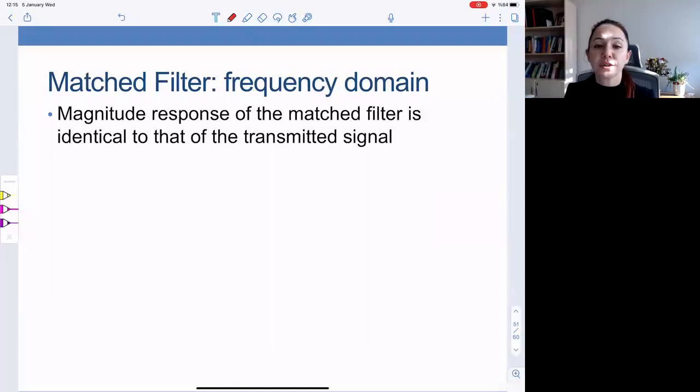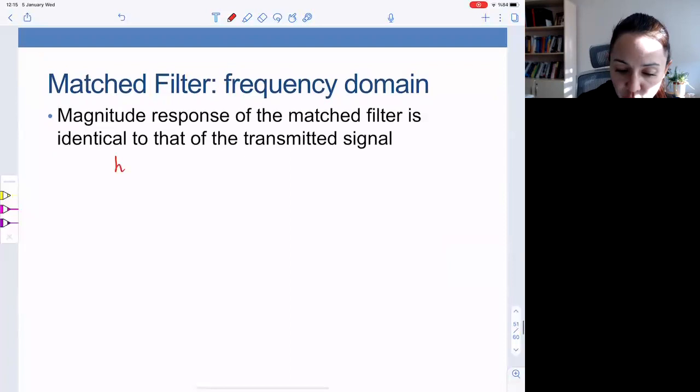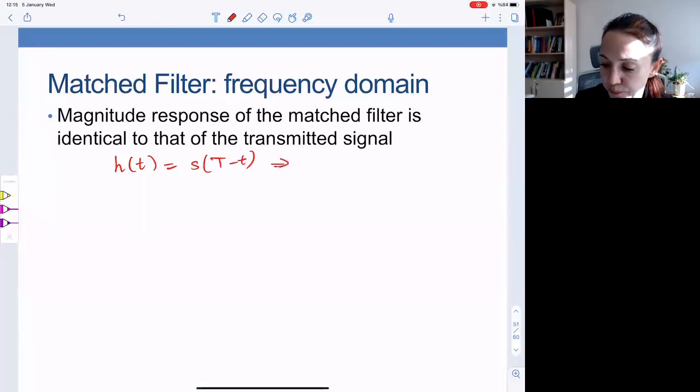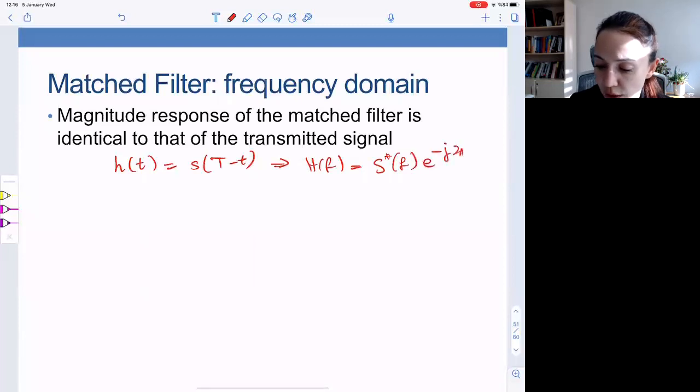Frequency domain interpretation, if you will, of the matched filter. Now h of t equals s of t minus t, right? So consequently, H of f is going to be S conjugate of f times e to the minus j 2 pi f t. You can easily show this by writing the definition of the Fourier transform.